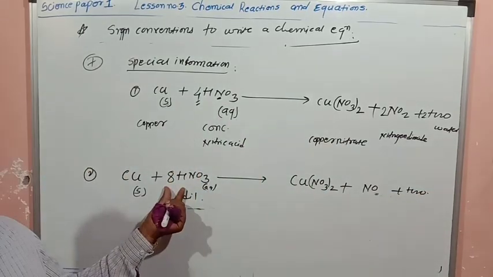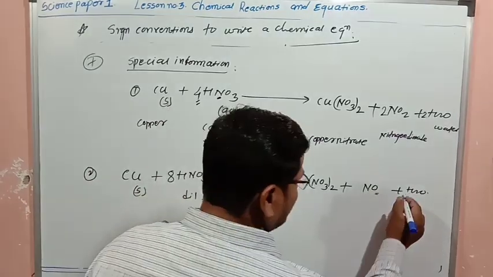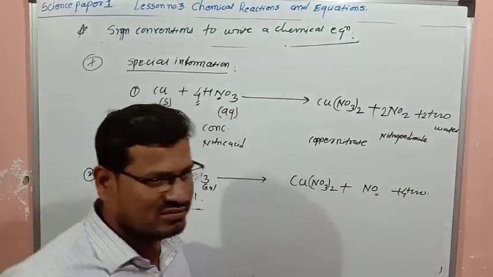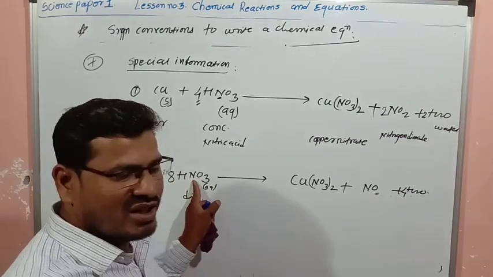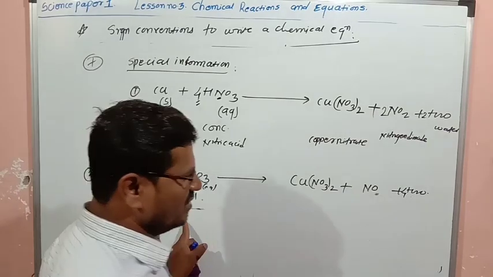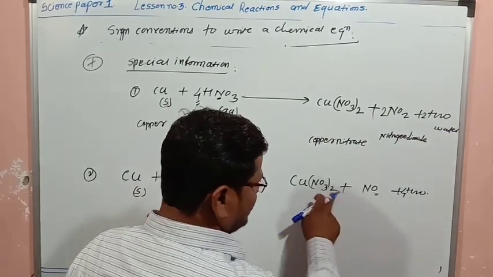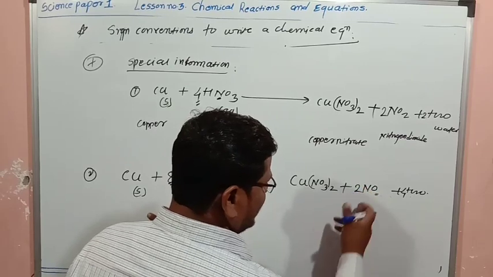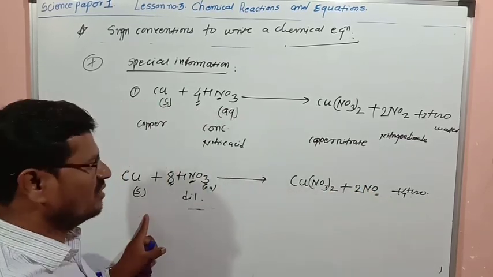So here how many hydrogen are there? 8. Here how many are there? 2. So what you can do? 4 2s are 8. Again, how many nitrogen are there? 8 are there. Here how many are there? 2, and 2. If you give 2 here, it will become 4, but 8 are there. So what you can do?